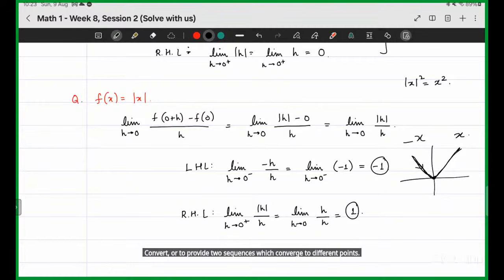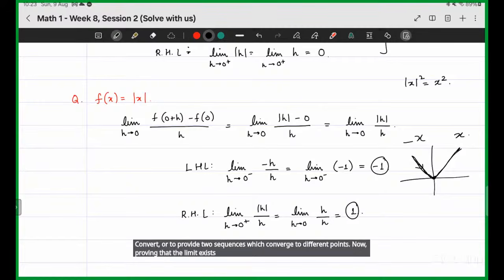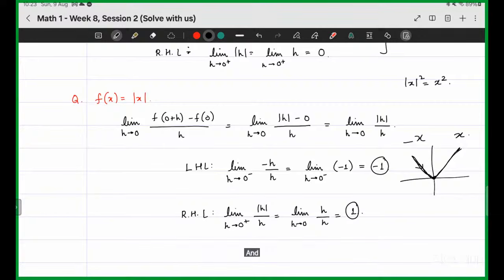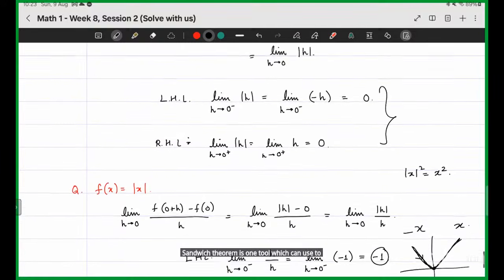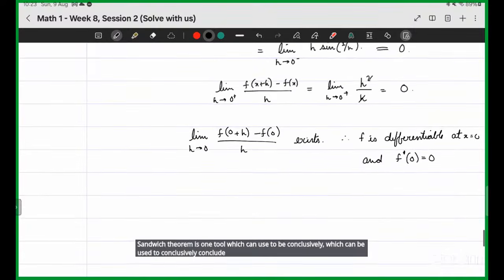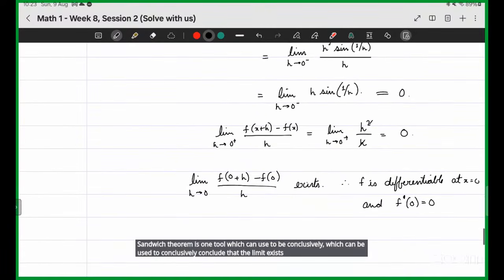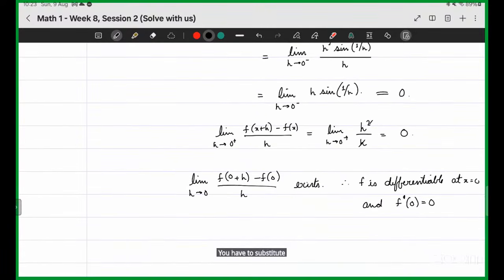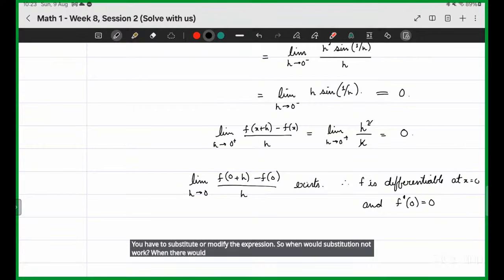Now, proving that the limit exists is a harder thing. The sandwich theorem is one tool which can be used to conclusively conclude that the limit exists, but otherwise you have to substitute or modify the expression. So when would substitution not work? When there is a ratio and something in the denominator vanishes.